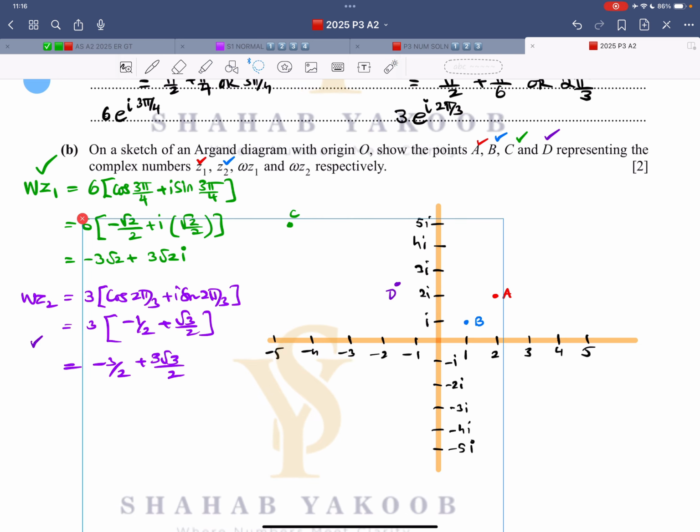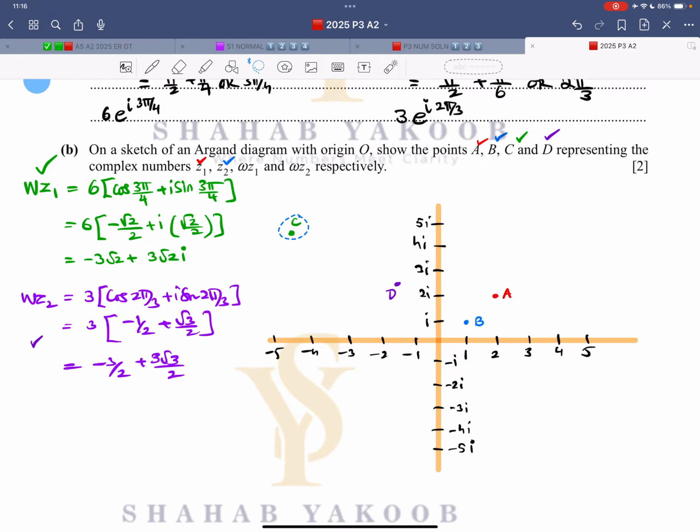So this is 4.2 and then this is like 4.2, something like this. So I have drawn it realistically. wz2 is minus 3 over 2 plus 3 root 3 over 2 i, that is this thing. Then we have the green one as wz1, the purple one as wz2.